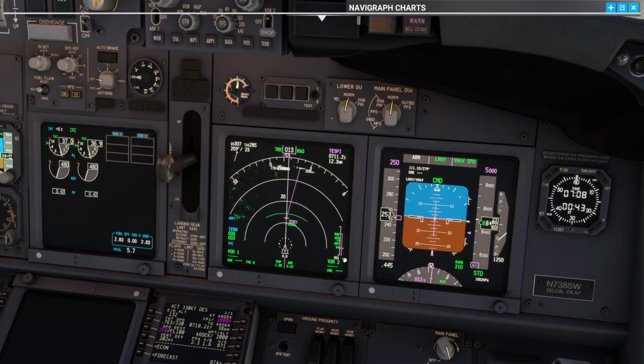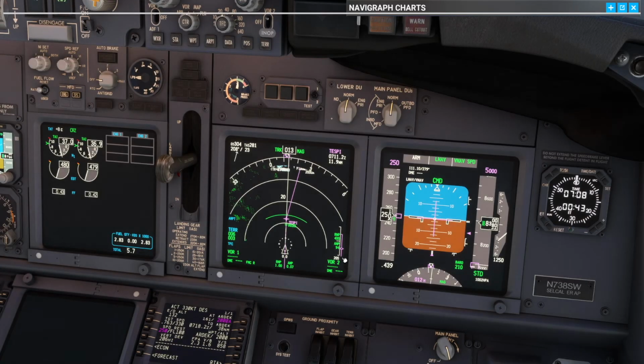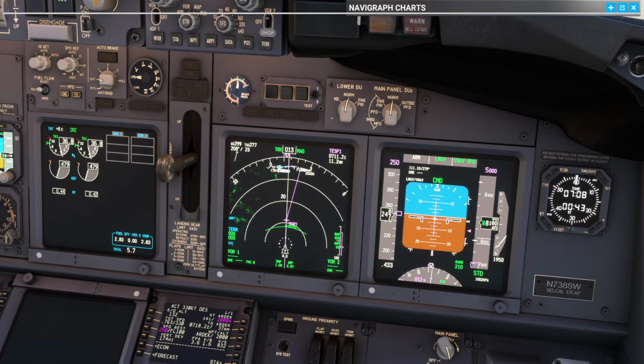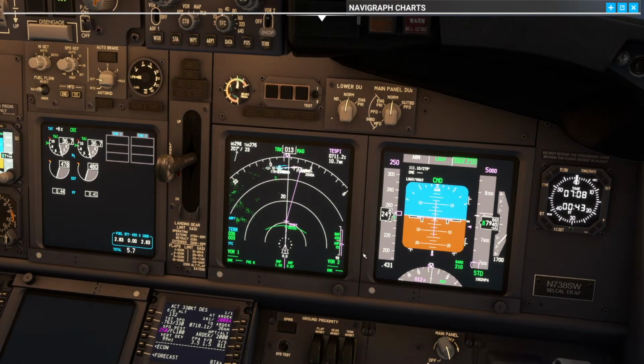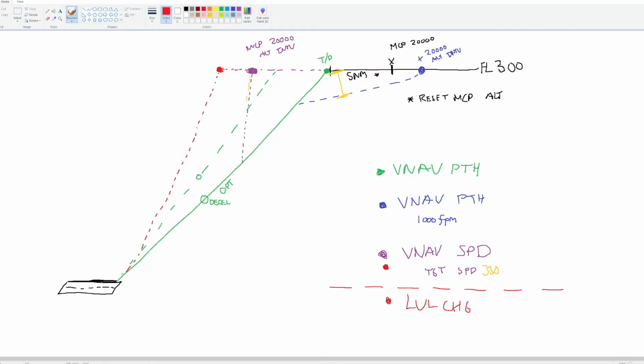I'm going to help it a little bit with the speed brake so that we can just get down here. Now you see it, okay? We are reverting to our VNAV path, and we're doing that because now we have caught up with the new optimum path here.